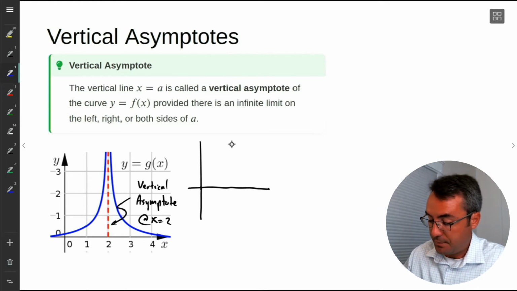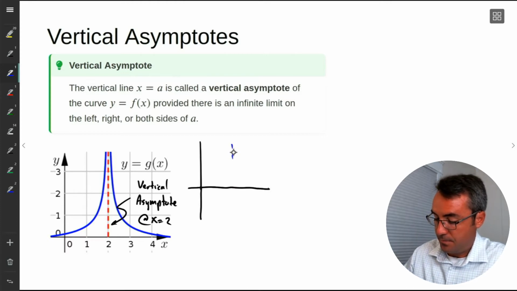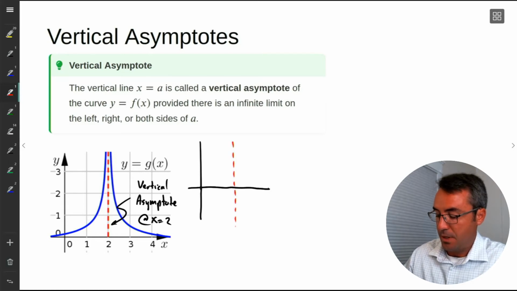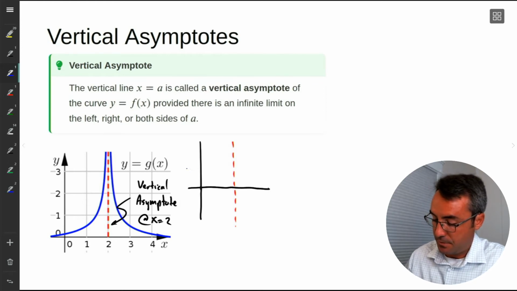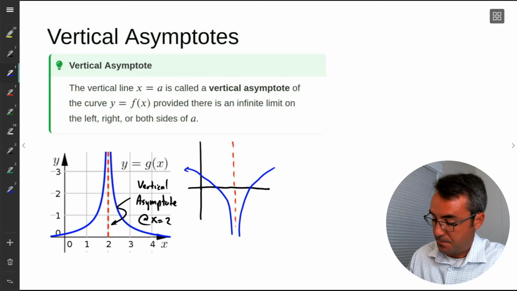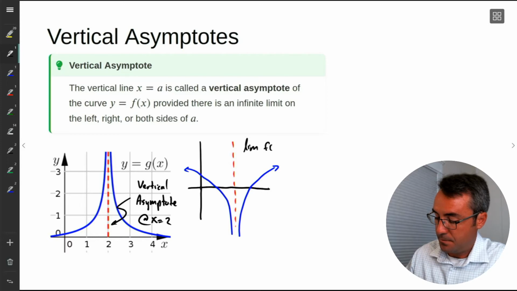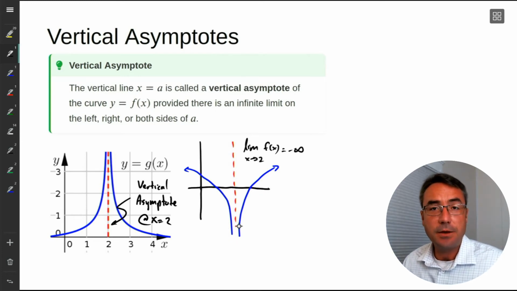So we have our vertical asymptote here, and maybe our function is getting large negative, doing something like this on either side of x equals 2. So here's an example where the limit of our function as x approaches 2 is equal to minus infinity, because on both sides, the left and the right side, it's getting further and further down.